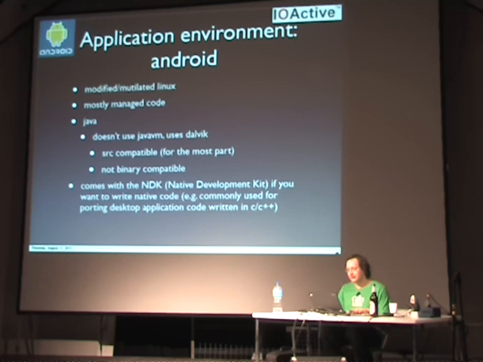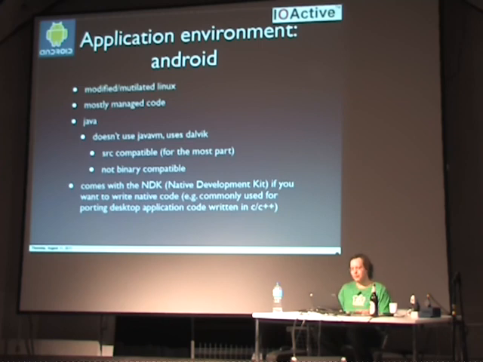Android is slightly different. They use a modified, or depending upon your point of view, a mutilated version of Linux. The applications for Android are mostly written in Java. They don't use the Java VM. They have their own VM called Dalvik, which is source compatible but not binary compatible. They don't have jar files; they've got what are called DEX files.